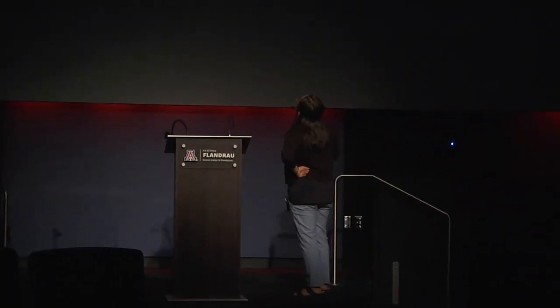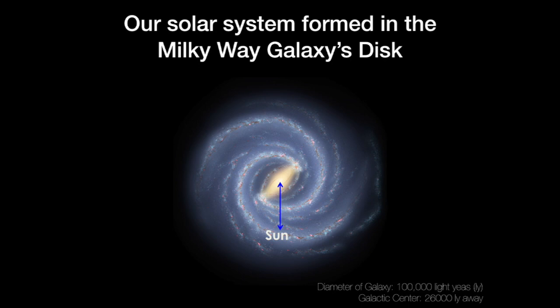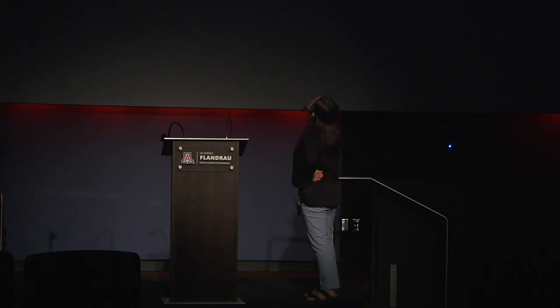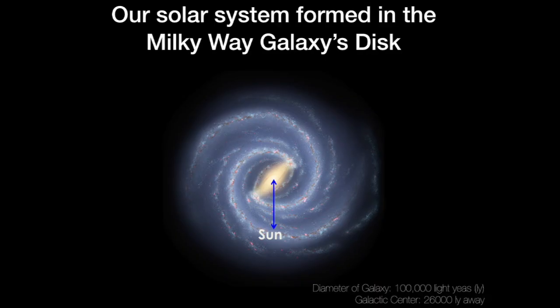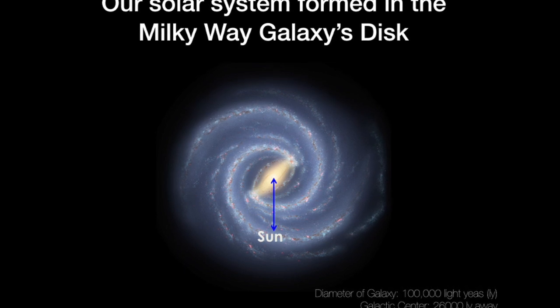Okay, let's move on. Stars and planets form in dusty, gassy clouds. Meaning, no, I need to actually stop by our galaxy picture. This is not our real galaxy picture, but how we think our galaxy would look. Our solar system is about 26,000 light years away from the center where our black hole is.